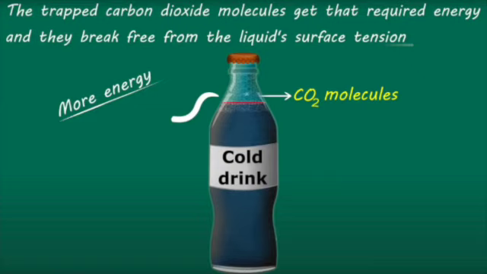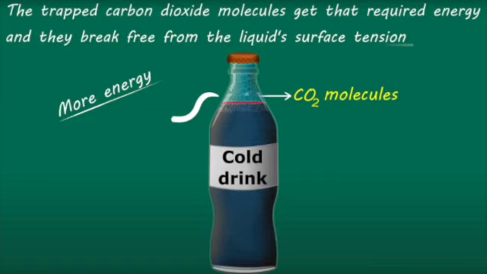Then, when we open the cap, the pressure drops. And we know that when the pressure drops, the equilibrium shifts left to produce more CO2 gas. Then, all the CO2 built up inside the tiny bubbles expands rapidly, and the bubbles also expand at the same time. This expansion pushes the liquid up and out of the bottle, causing the soda to explode or spray everywhere.